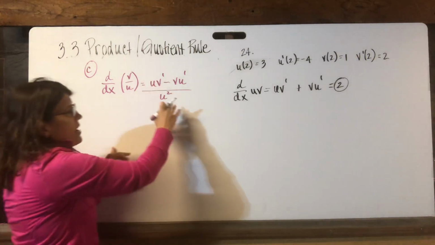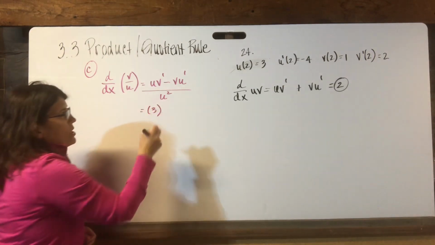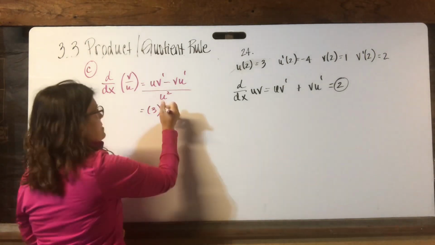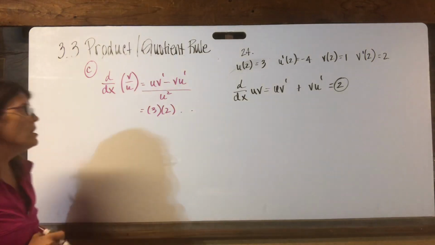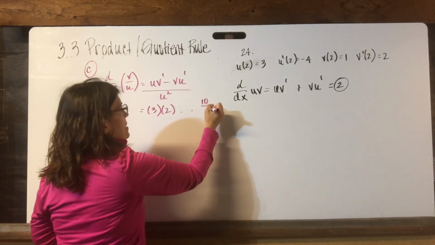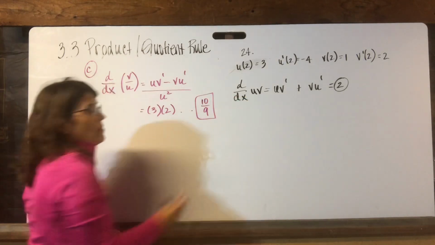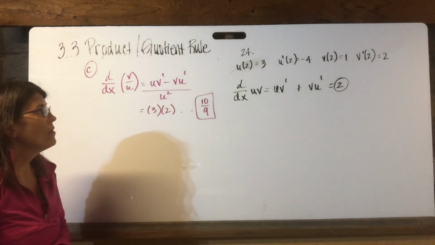You know all these values. You know that u is 3. You know that v prime is 2, etc. So when you're all done, that should equal 10 ninths.